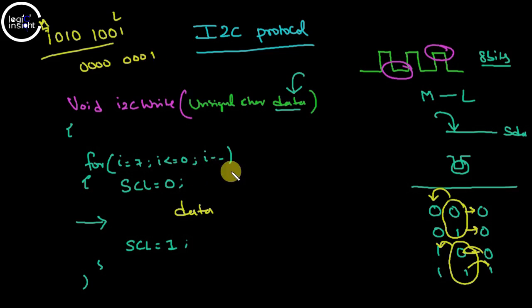Now I'll use the AND logic to get the data. I'll simply use a bitwise AND operator, and AND with 1. The 1 is by default all zeros except the last bit.